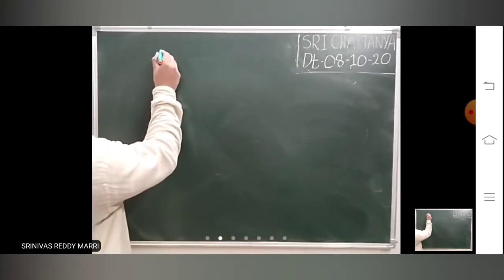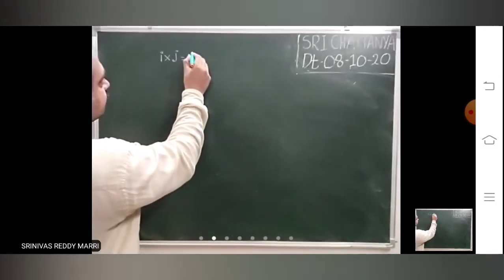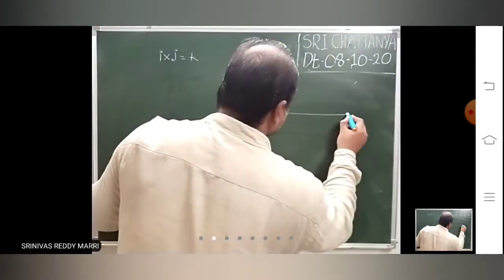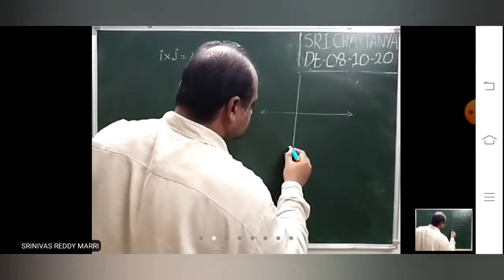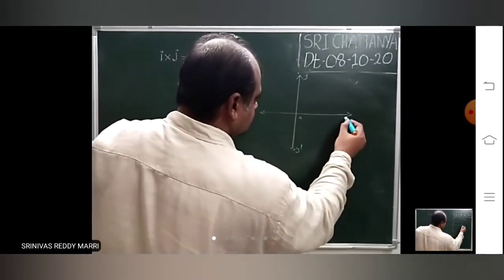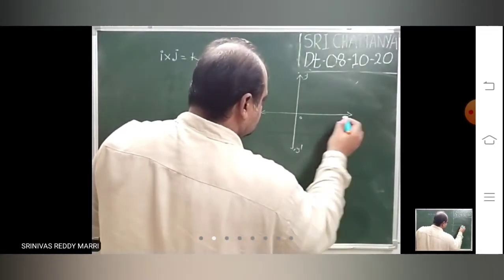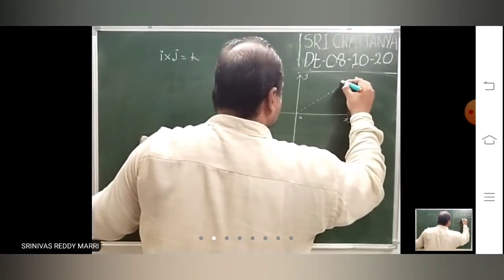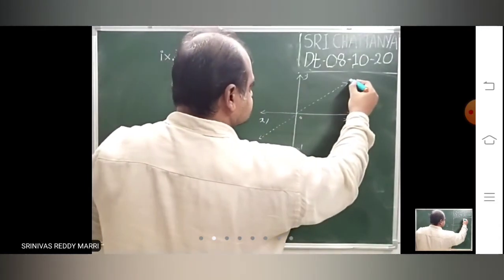Look at i cross j. I cross j is nothing but k. The x axis, the y axis, and the z axis will be like this.